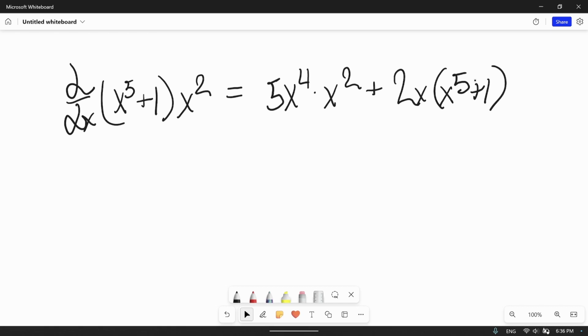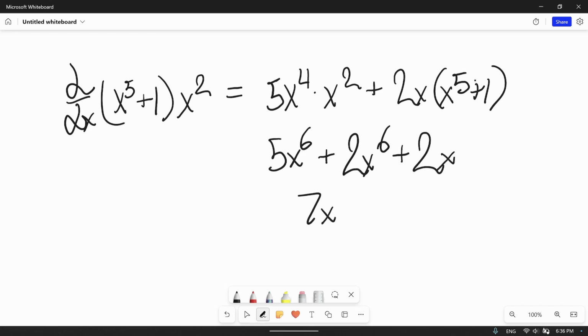Okay, so let's simplify this. So this is going to be 5x to the 6 plus 2x to the 6 plus 2x. And so this should give us 7x to the 6 plus 2x.